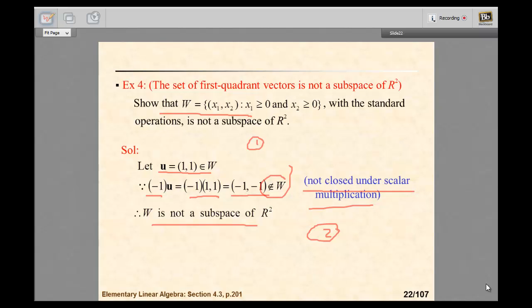Whenever we have to check whether it is a subspace or not, we have to check it is closed under scalar multiplication and closed under addition.